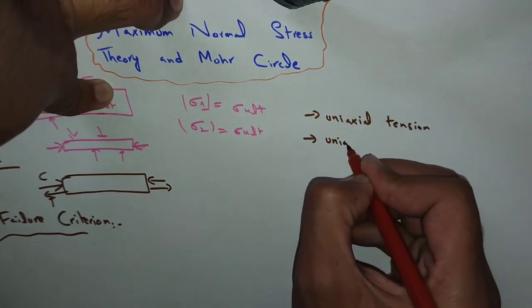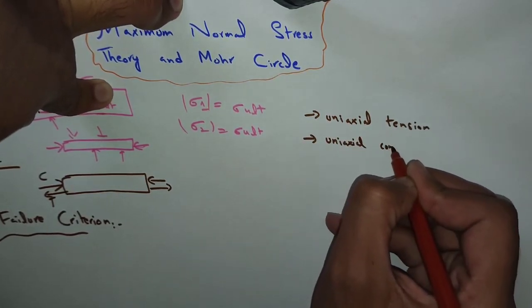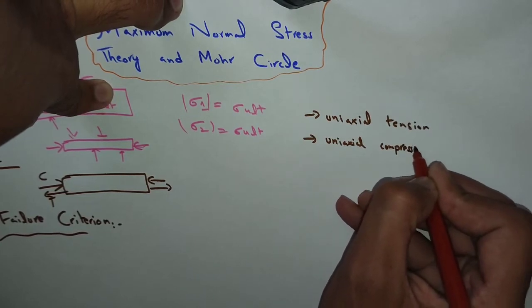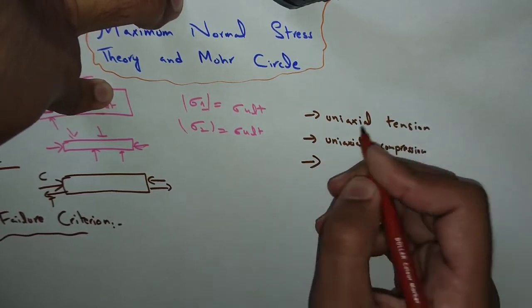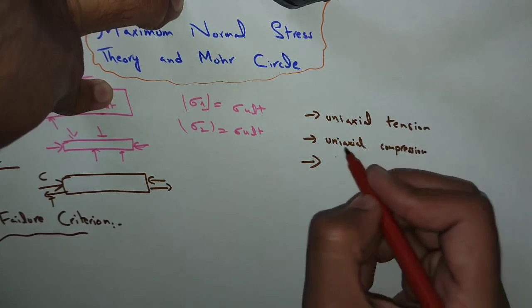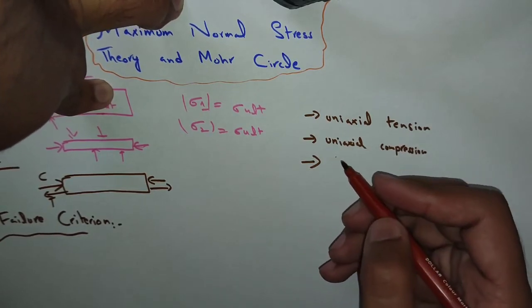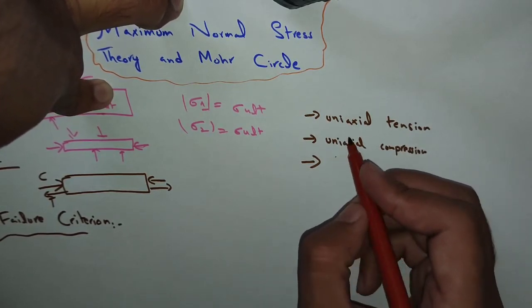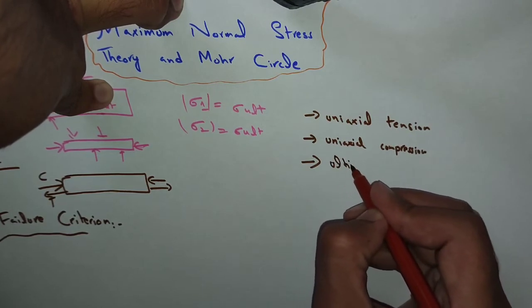Second one will be uniaxial compression, and the third one will be the ultimate strength test.